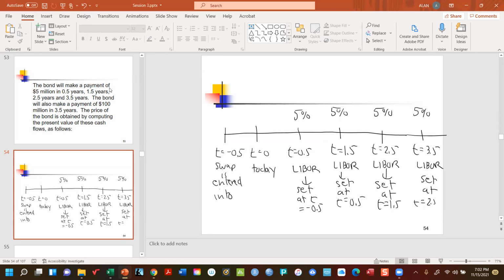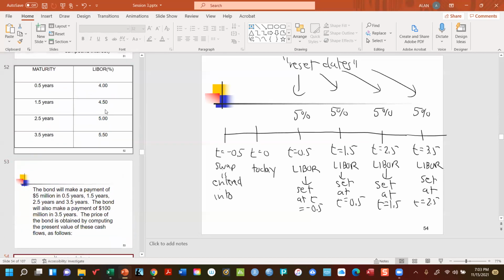In other words, on each of these dates, which are, by the way, called reset dates, where the new floating rate is determined, the rate at t equals 0.5 determines the LIBOR rate that will apply in 1 year when the cash flows are traded. So the LIBOR rate we're looking at today was based on what happened last year. And so that's why we need these rates.